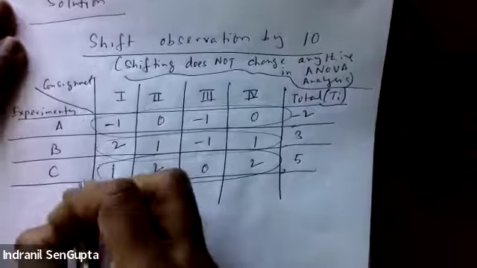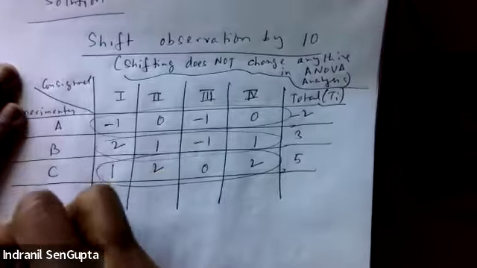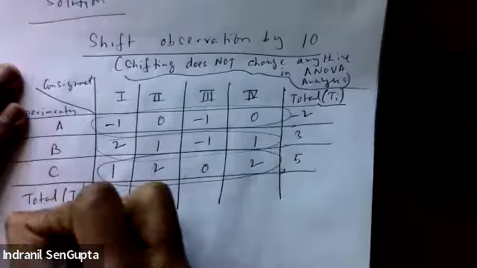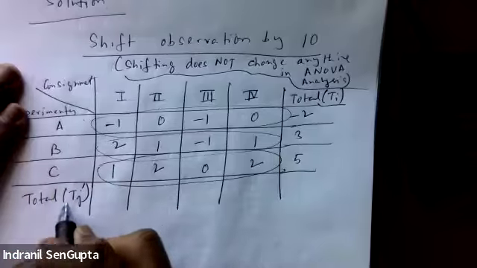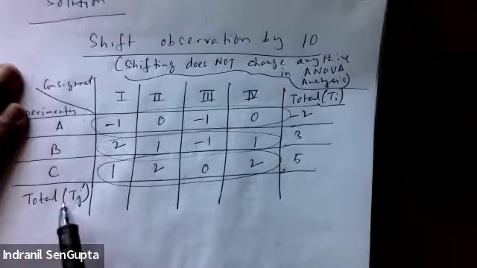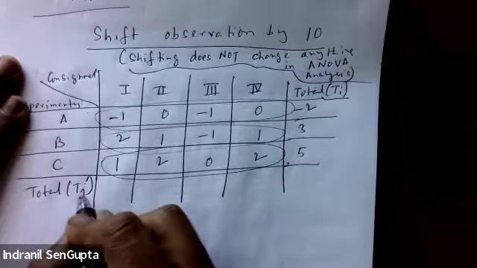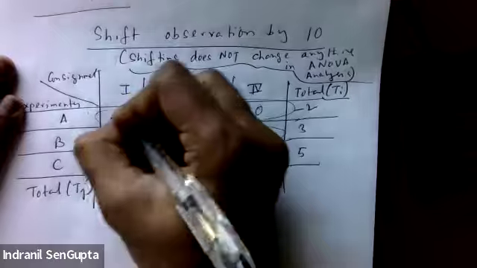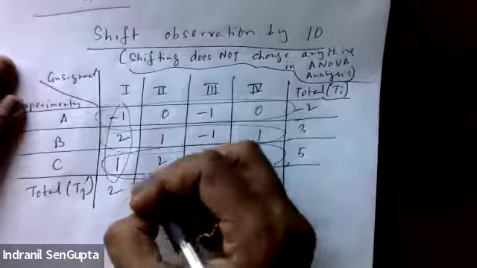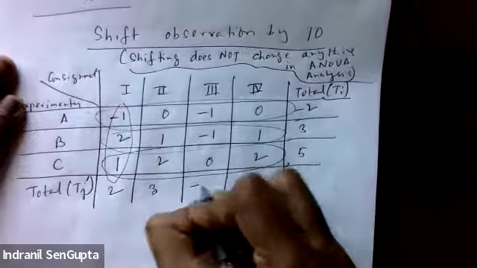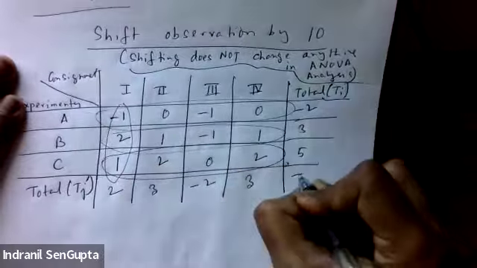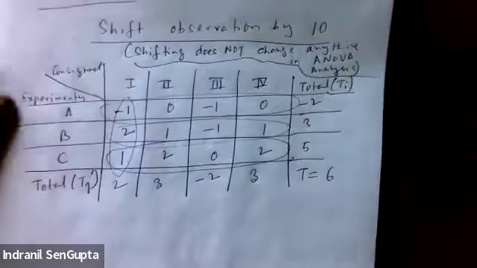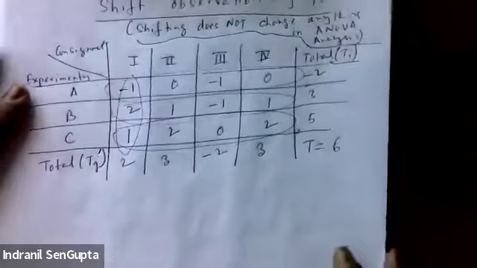Okay. And then here, totals, which you call Tj prime, is a prime because otherwise we cannot distinguish between Ti and Tj when the numbers are given. So that's why the prime is used. So it's 2. This number is 3 minus 2, 3. So the grand total is 6. Okay.